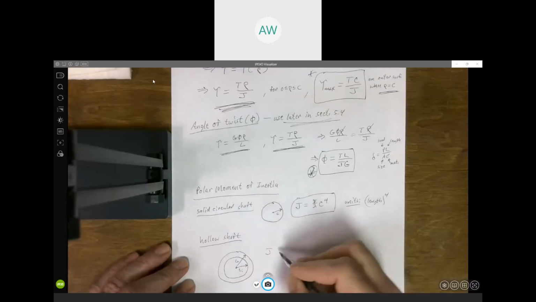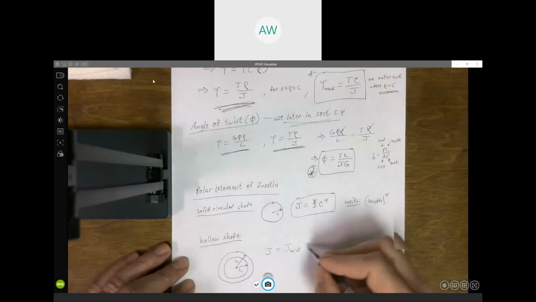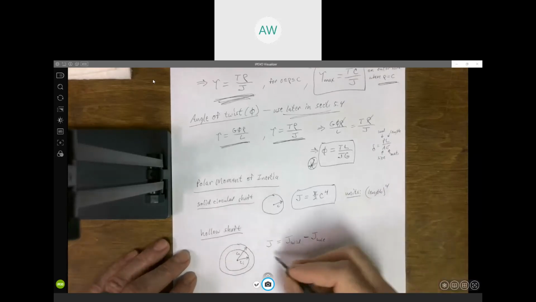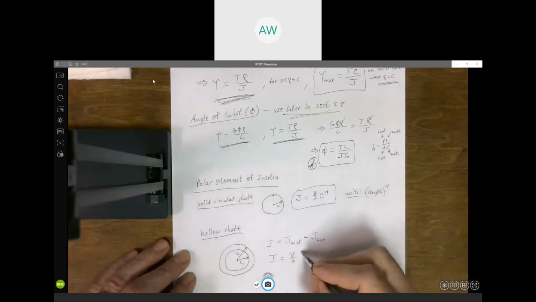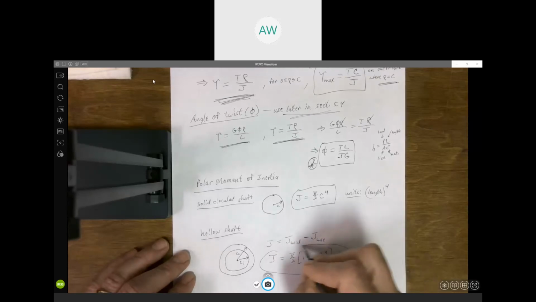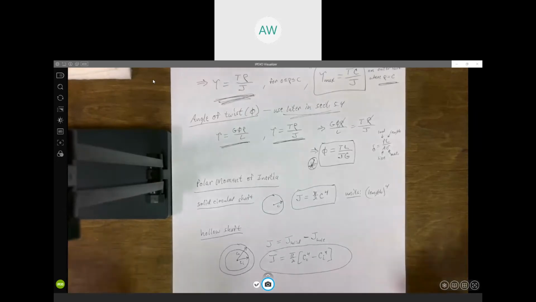Well, to get the polar moment of inertia here, you just take the polar moment of inertia of the big solid circle and subtract the polar moment of inertia for that hole. And so what you get is pi over 2 times the outer radius to the 4th minus the inner radius to the 4th. So if you've got a hollow shaft, you're just subtracting the moment of inertia for the hole.